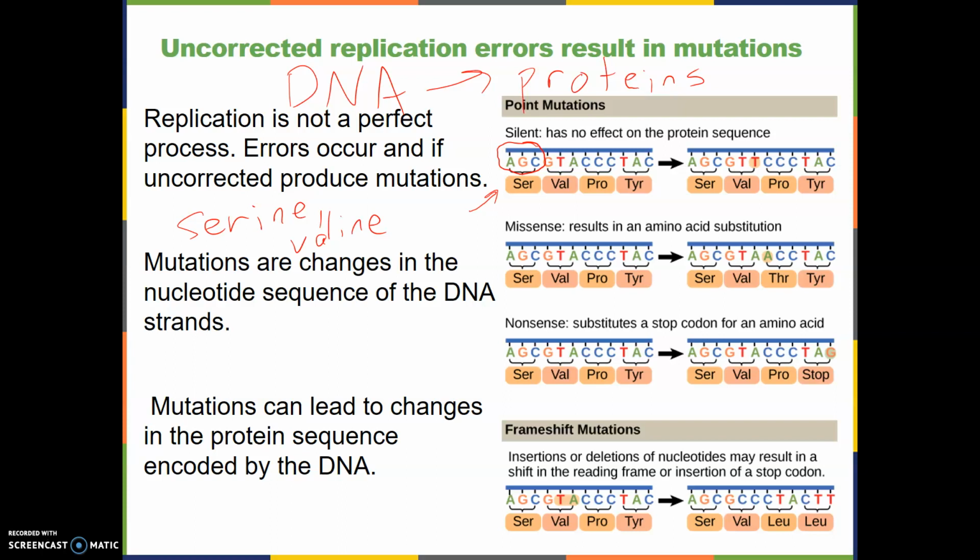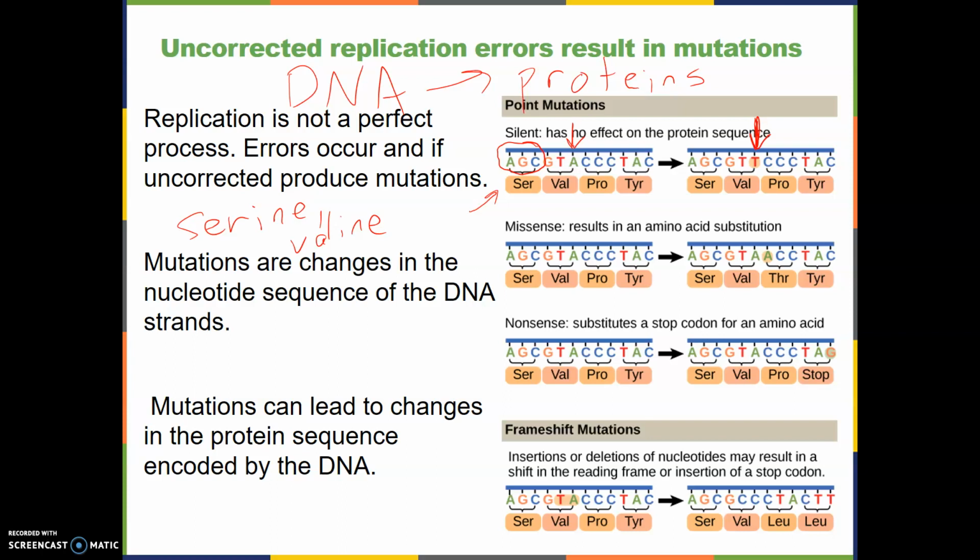But if you will notice that there is a mutation here, this A was changed to a T. This is a silent mutation because valine actually has more than one code that can code for it. GTA codes for valine and GTT codes for valine.